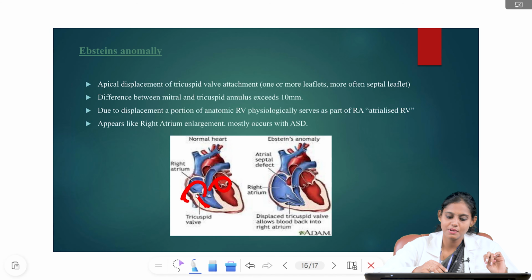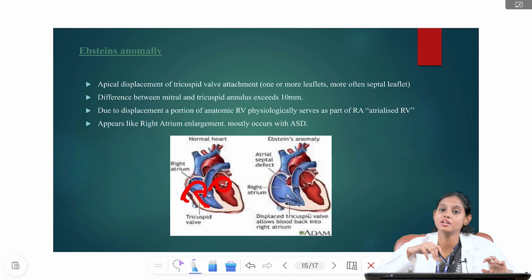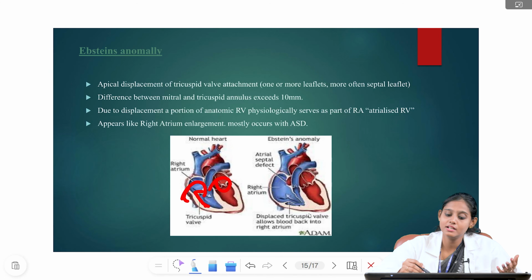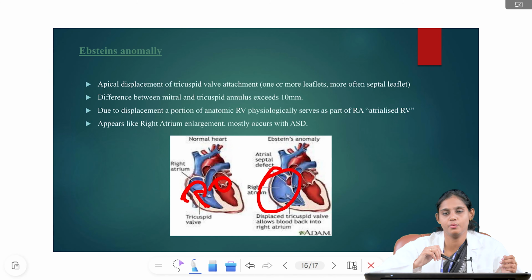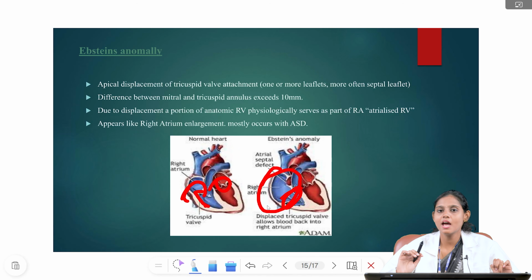Due to this displacement, a portion of the anatomic RV physiologically serves as a part of RA, which we call atrialized RV, which appears like right atrial enlargement but is because of the displacement of the tricuspid valve. It mostly occurs with an associated anomaly called atrial septal defect to maintain systemic circulation.